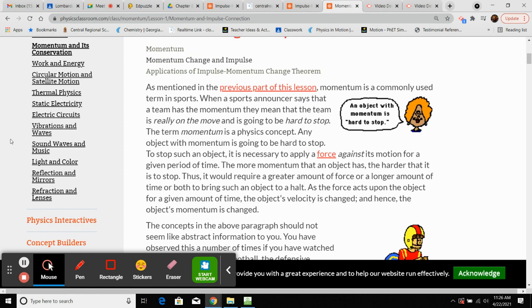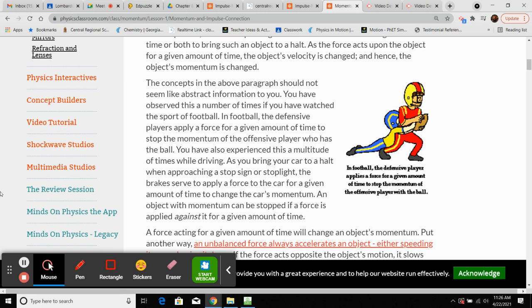So guys that play baseball, right? Imagine someone takes a ball and throws it at you. Are you always going to have your hand stuck straight out and very stiff? Why not? You're going to stop it, but what is that going to do? It's going to hurt a little bit.